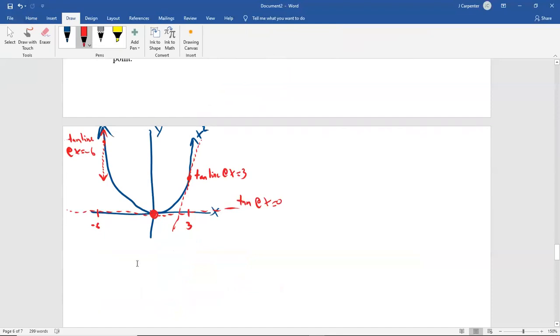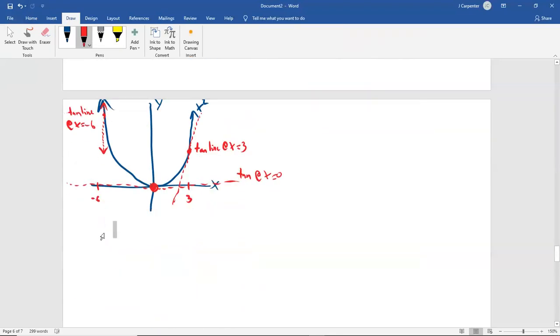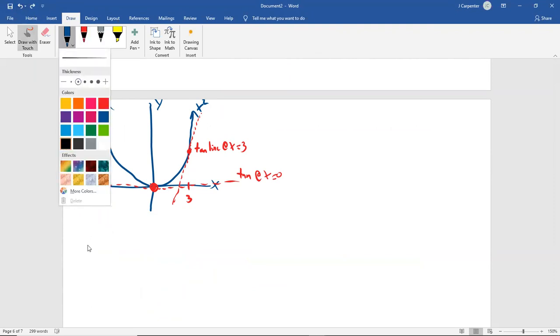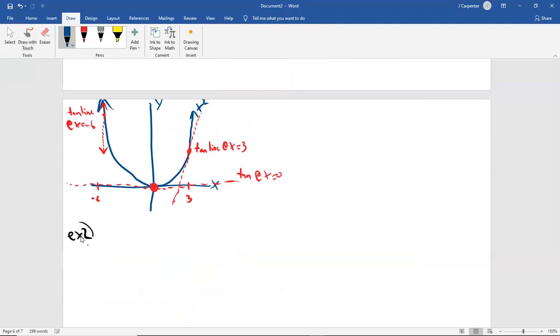Let's scroll. We are in example 2 now. Find the equation of the tangent line to the curve at the specific x value.